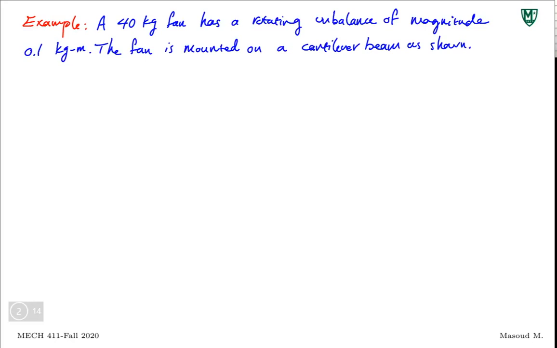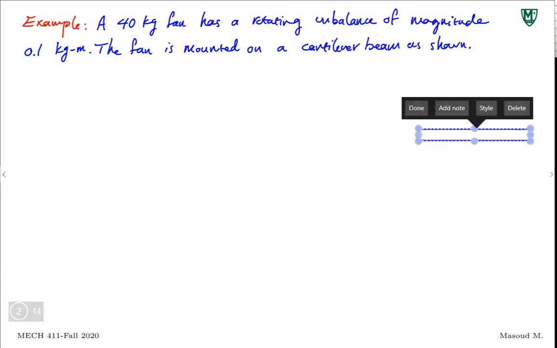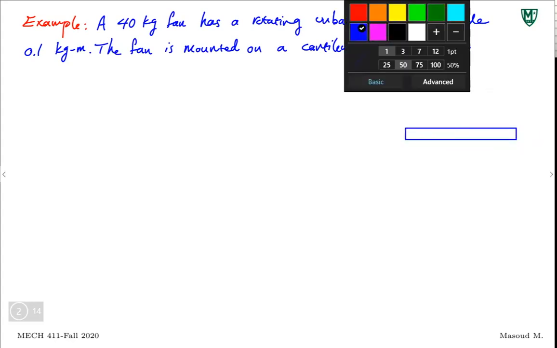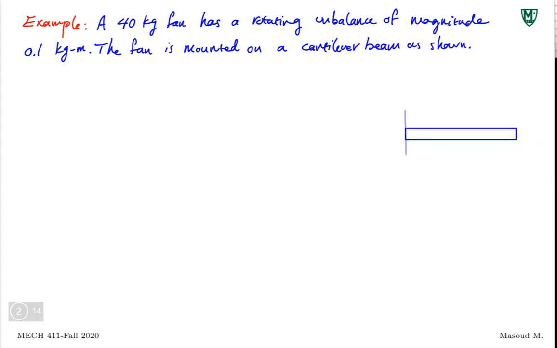Let me draw it here while I'm writing the problem statement. So you can think about it as a cantilever beam like this. It's cantilever, so I'm just going to fix this side. That's a support. Let's emphasize that it's a support.